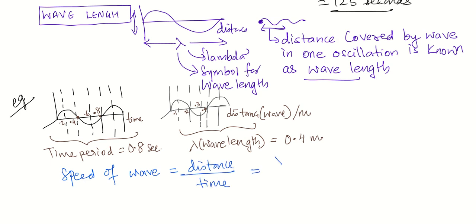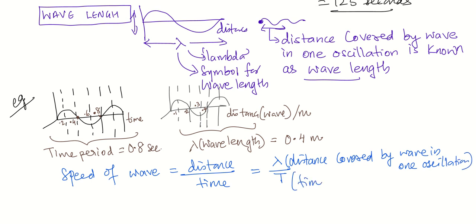The distance covered is lambda, the wavelength, which is the distance covered by the wave in one oscillation, and the time is the time period, the time taken for one oscillation.